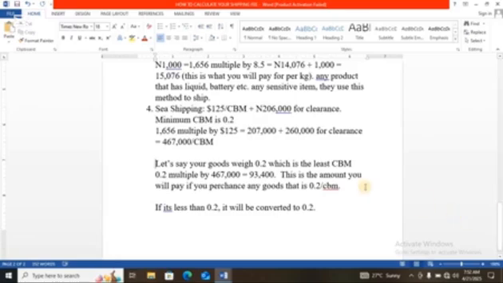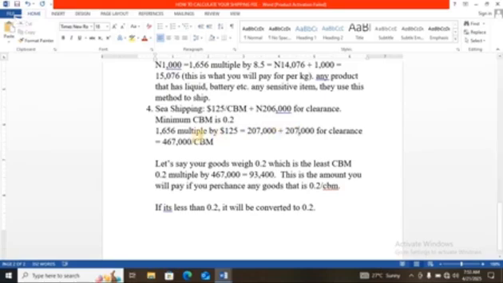So what you are going to do is same method you use for calculating your sea shipping. So you are going to say 1,656 multiplied by $125, which is 207,000 plus your clearance fee, which is 206,000.